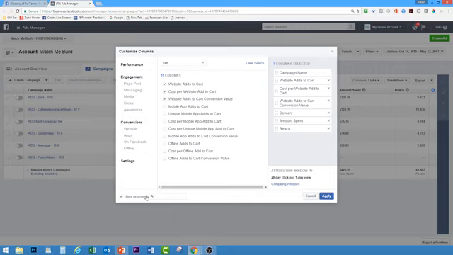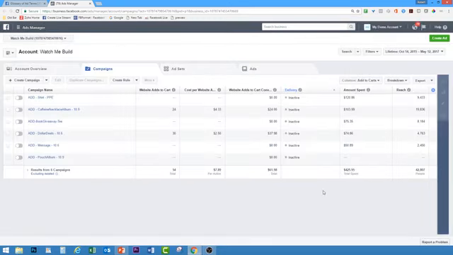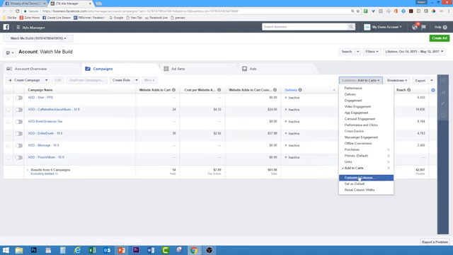Add the cards. Add the cards. Apply. Right. Yep. And then the next one would be purchase.